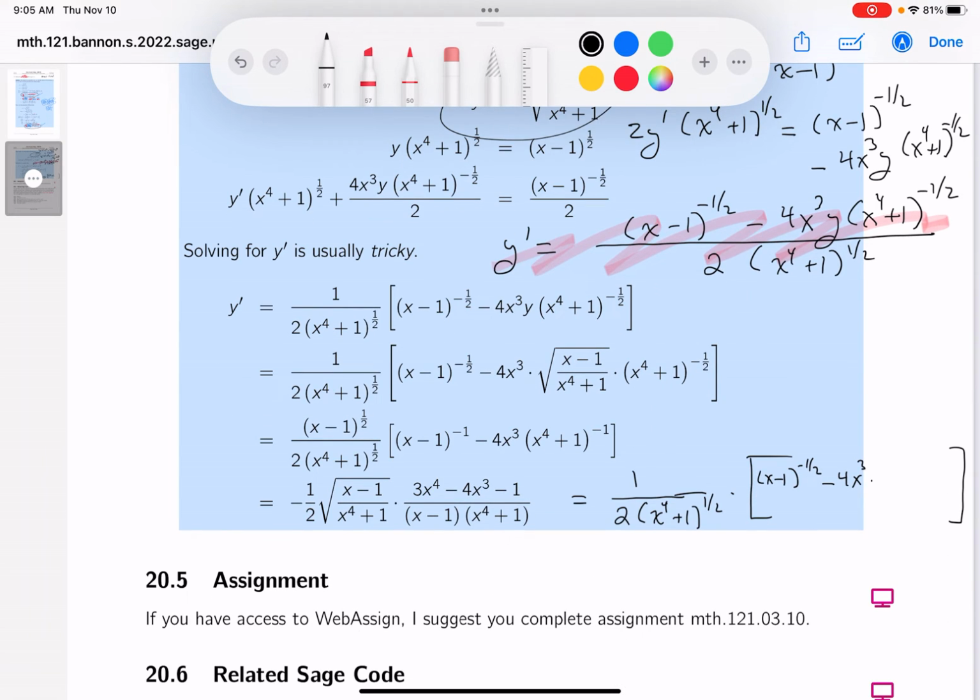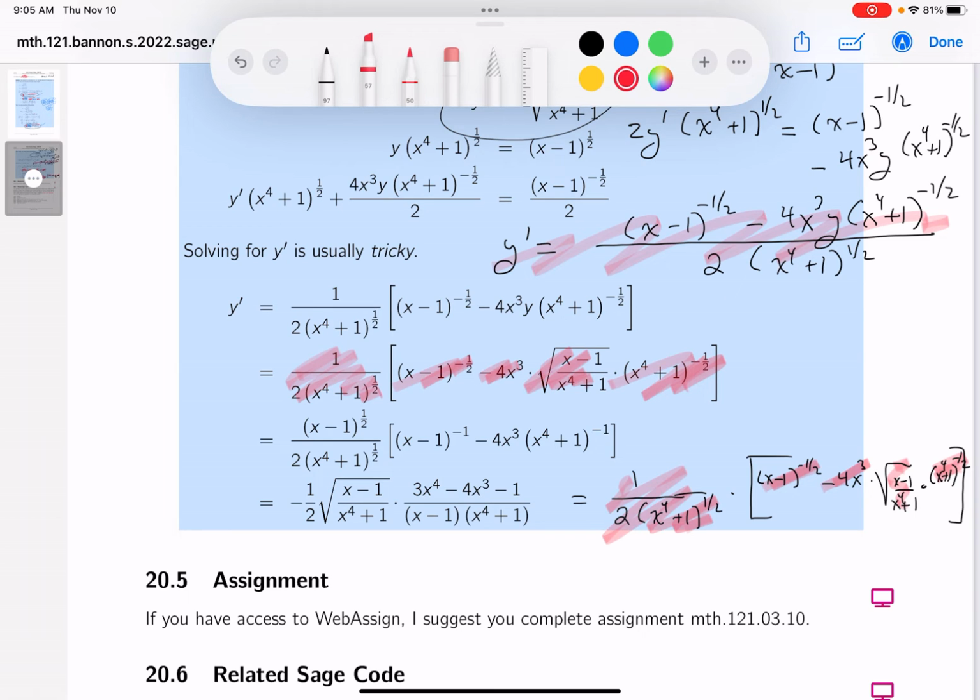It's going to be the root of (x minus 1) over (x^4 plus 1), times (x^4 plus 1) to the minus 1/2. All right, let me show you where that's written. And that's written right over here. I see that. I see this. I see this business here. And I see this business over here.